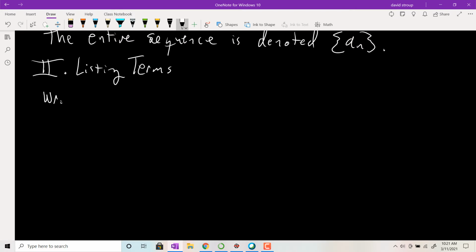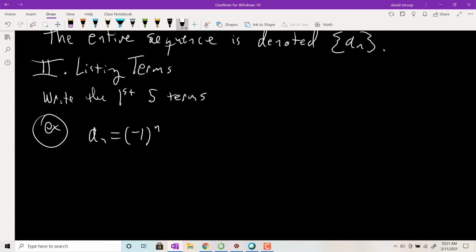So we have a sub n equals -1 to the n times 2/5 to the n. It's a little bit different than our usual functional looking expressions like you would see in algebra, especially this -1 to the n.